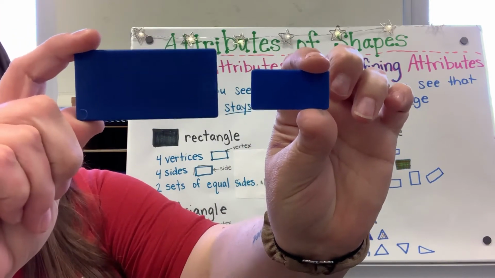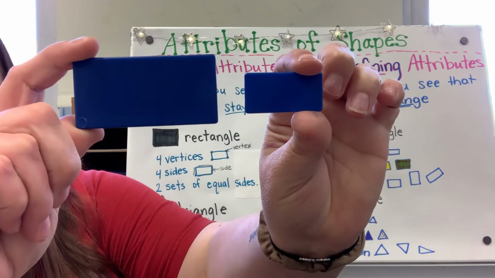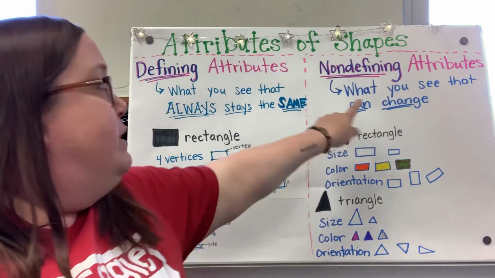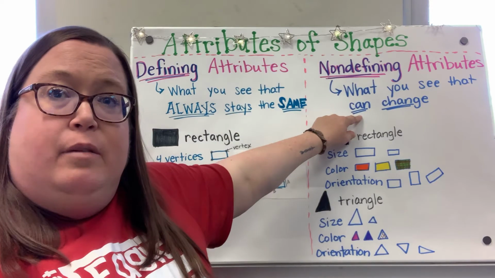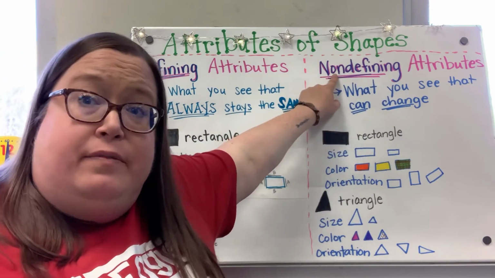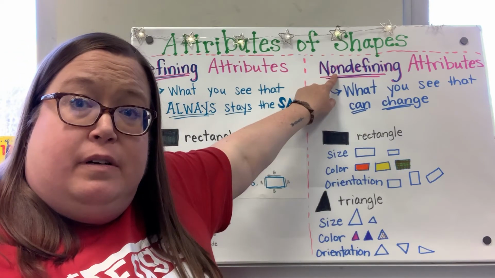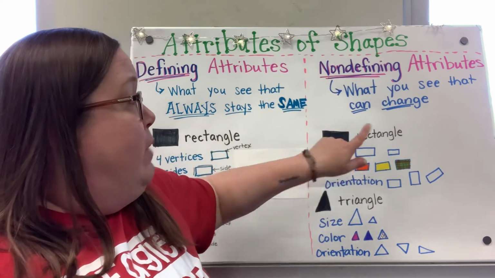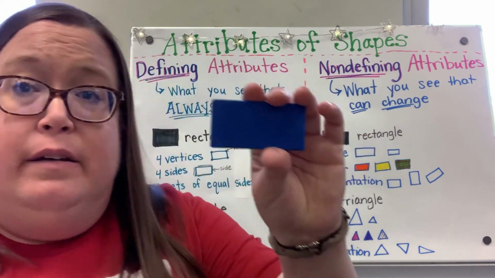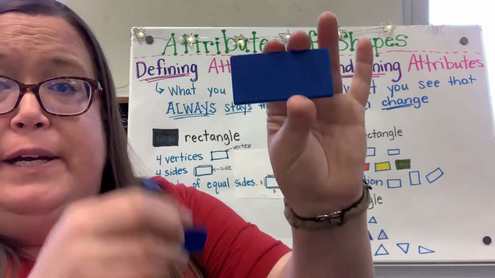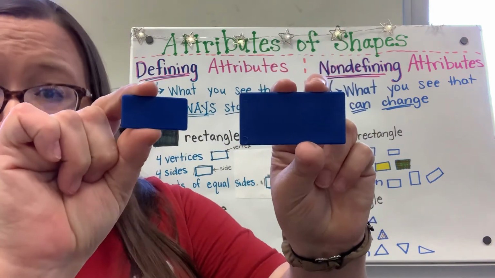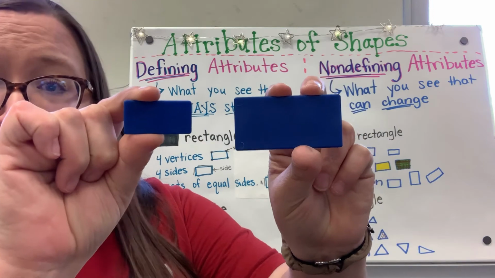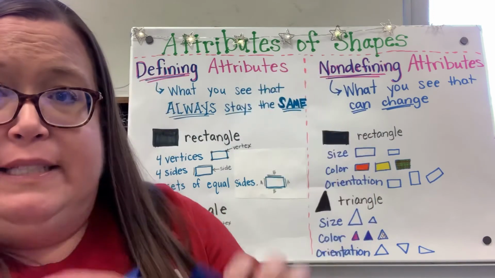The attributes of size are different. Those can change because size is a non-defining attribute. All right? A rectangle could be big or small. Here's a big one, here's a small one. Are they both rectangles? Yes, but they're different sizes.